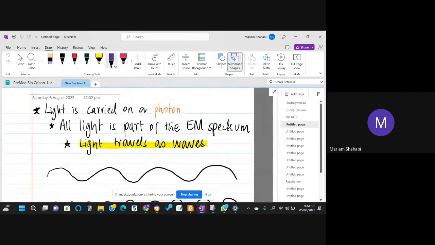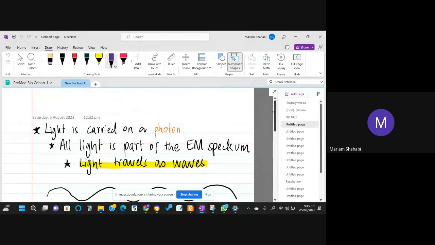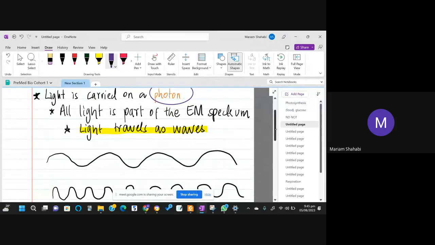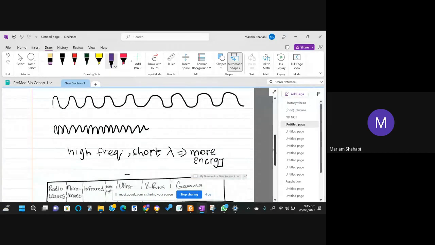So this is again, अच्छा, we know from physics कि light is carried on a photon. Light travels as packets. ठीक है, there are packets called photons, energy packets, and light also travels as waves, and it's part of the electromagnetic spectrum. ठीक है, and we know कि जितनी भी high frequency waves हैं, they will have shorter wavelengths and they will carry higher energy.